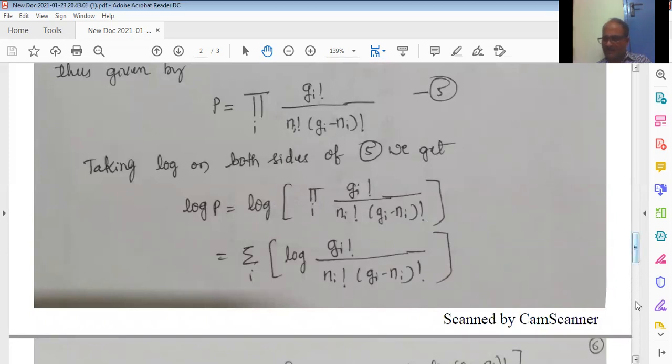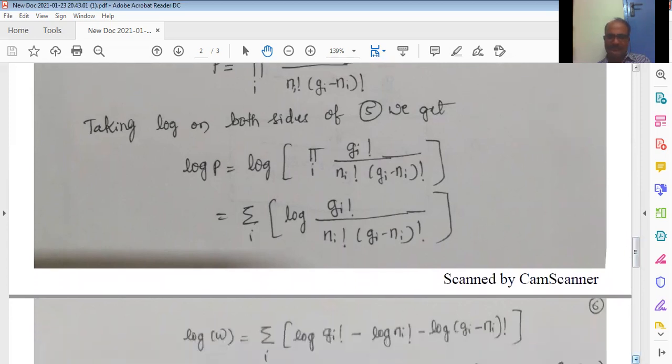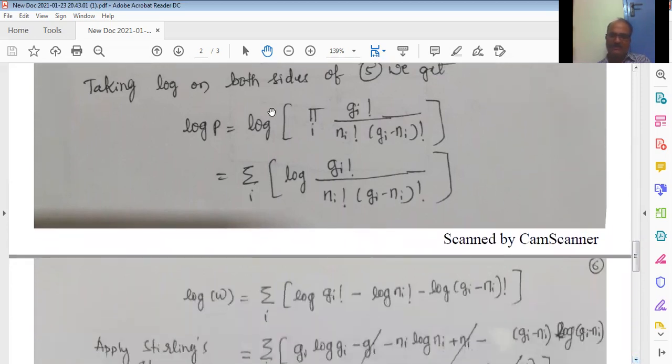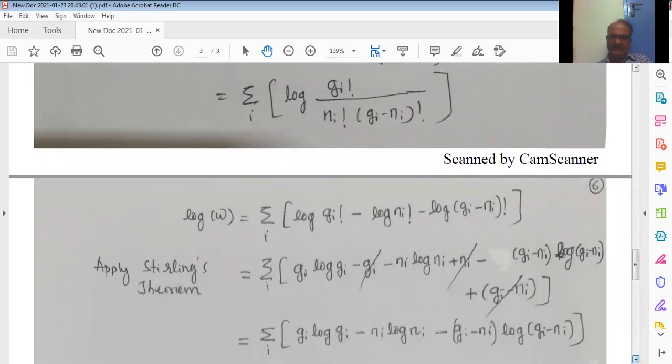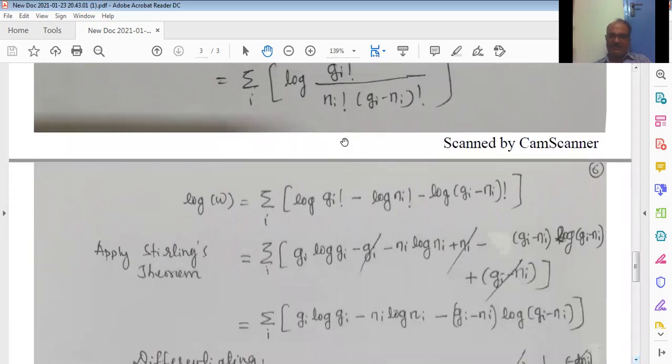So this log operates on the product over i symbol, so it becomes summation, and log of Gi factorial divided by Ni factorial into Gi minus Ni factorial. Next, apply the logarithmic rules.